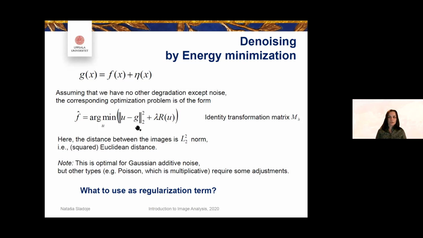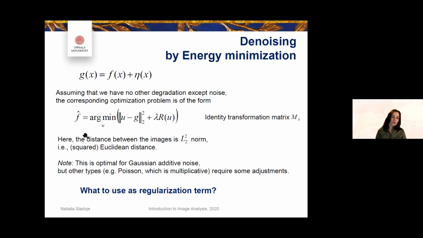So we will not really manage to change it in any way by performing this optimization process. So this additional constraint makes this optimization non-trivial and leads to some desired result. In this case, our transformation matrix is simply identity.